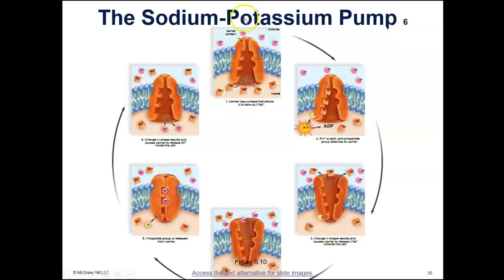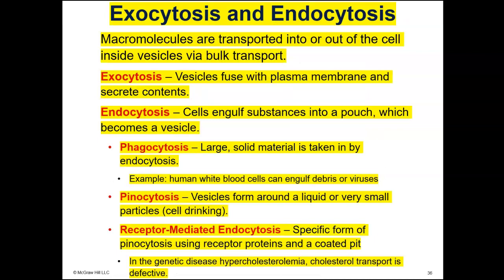It's being pumped toward its high concentration. And potassium is being pumped in, even though its high concentration is inside the cell. Potassium levels are already high inside the cell, but it still keeps being pumped in. So that's against both of their concentration gradients and using energy.